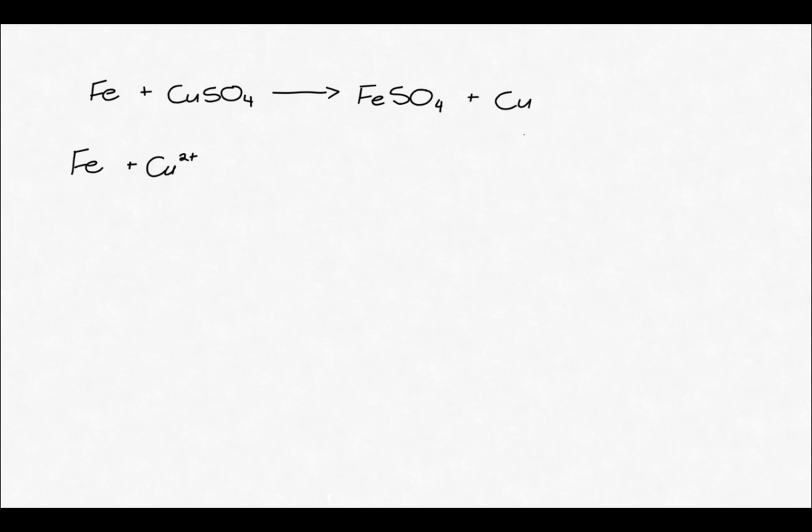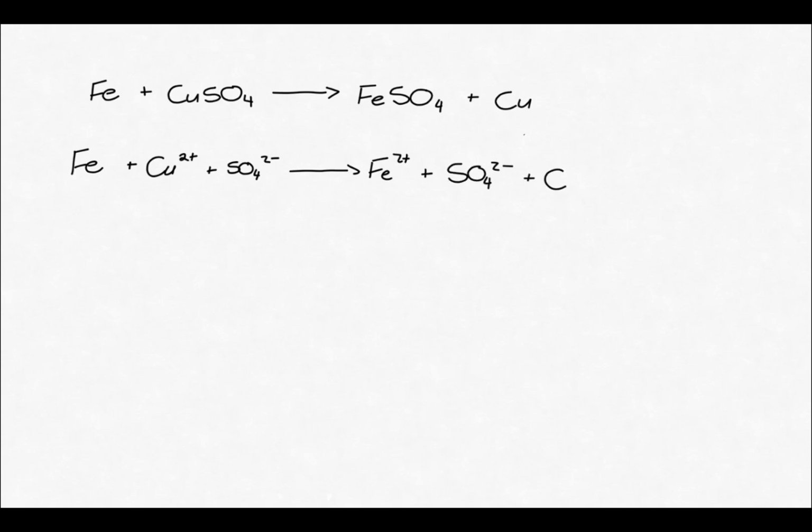Because copper sulfate is a compound and should add up to 0, copper will have an oxidation number of 2+. Iron in the product is also bonded to sulfate. Sulfate still has an oxidation number of -2, which means that iron will have an oxidation number of +2, plus sulfate, which is 2-, plus copper.